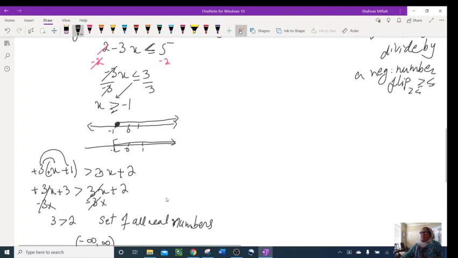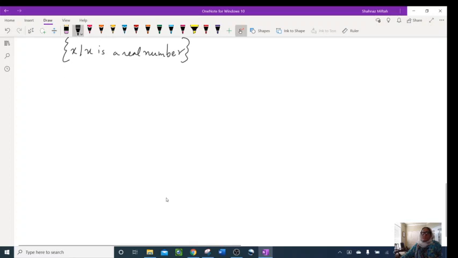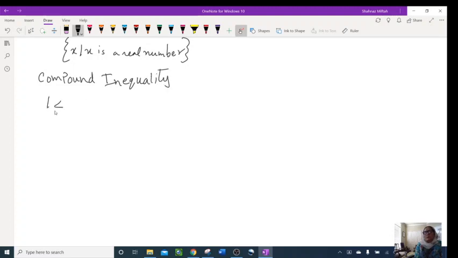Okay. Let's do just one more, a compound inequality, meaning more than one inequality sign. I have 1 less than or equal to 2x plus 3 less than 11.